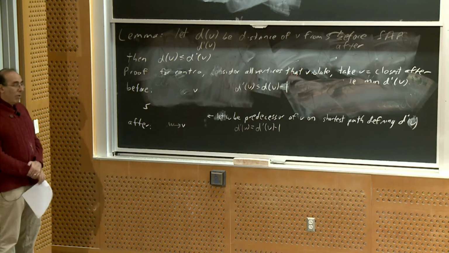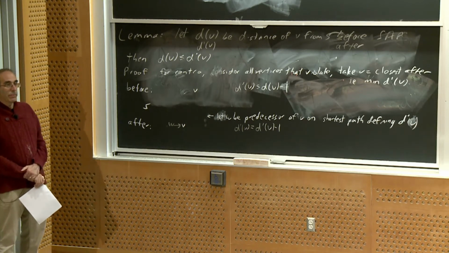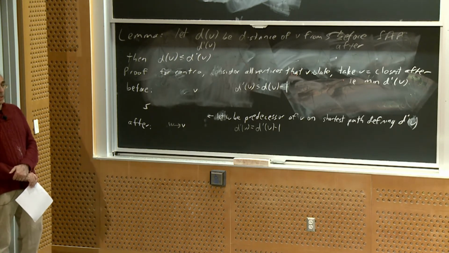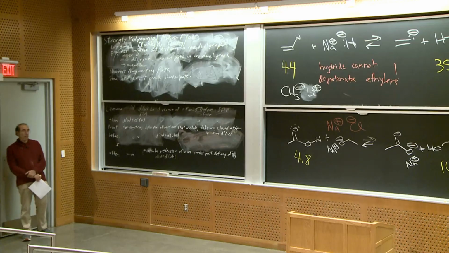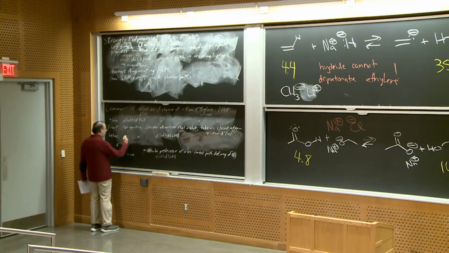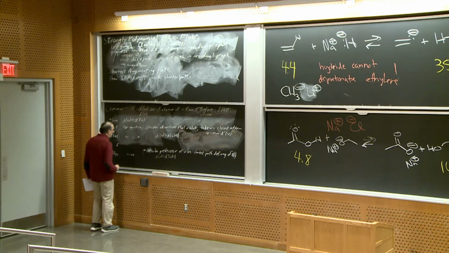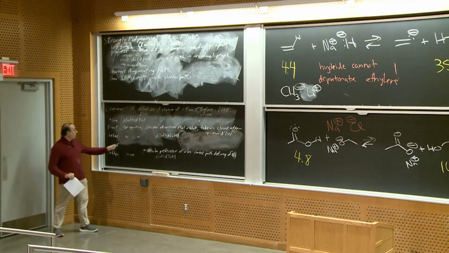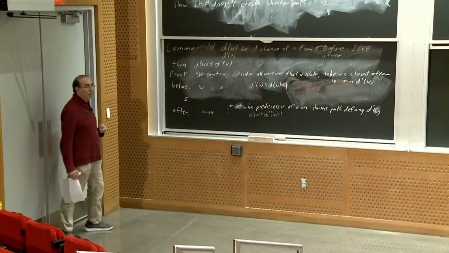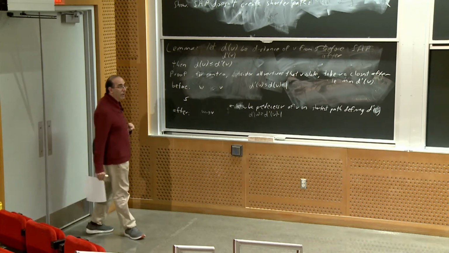But what else do we know about W? Yes? Right, W has a smaller distance than V afterwards, and that means it can't be in the set of vertices that got closer because V was the closest one. So W did not get closer. That means in the before situation, W was maybe closer to S than it ended up, but certainly no farther from S than it ended up, right?